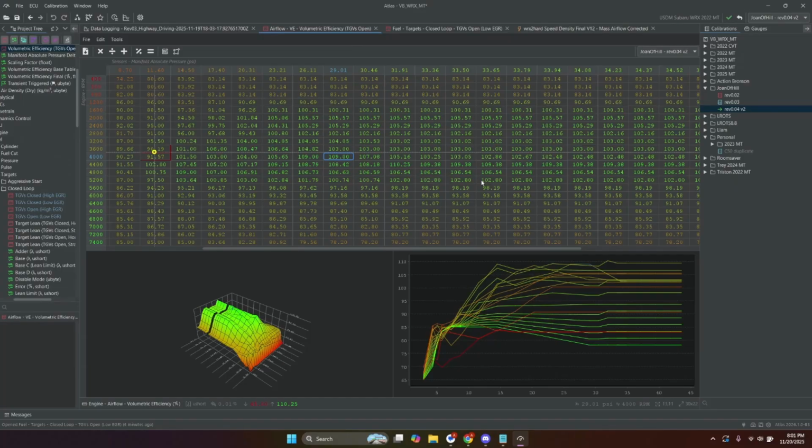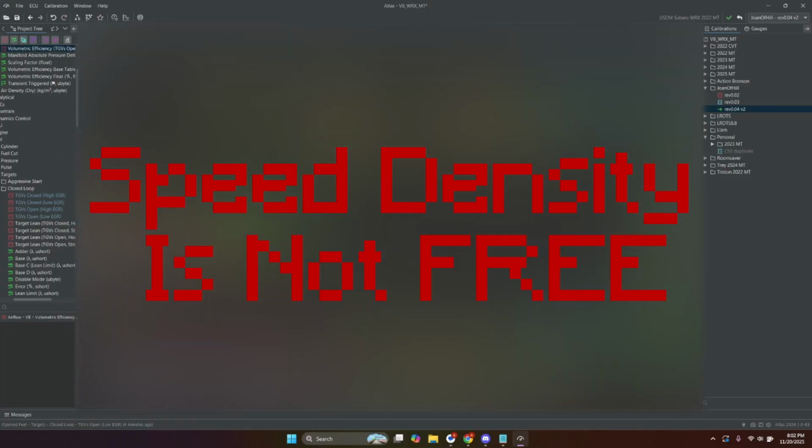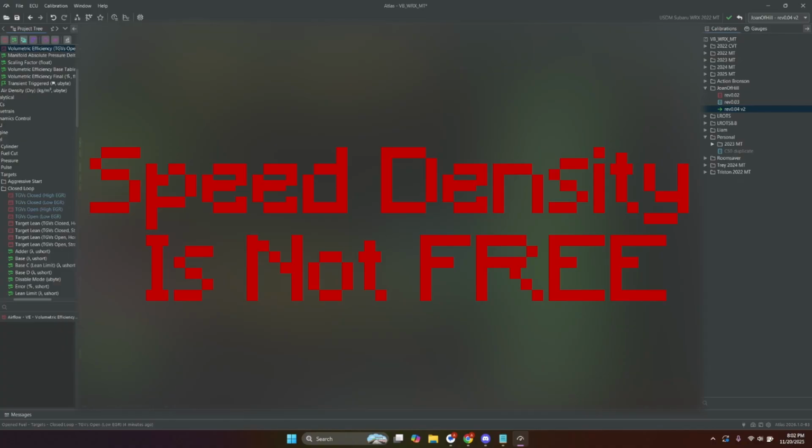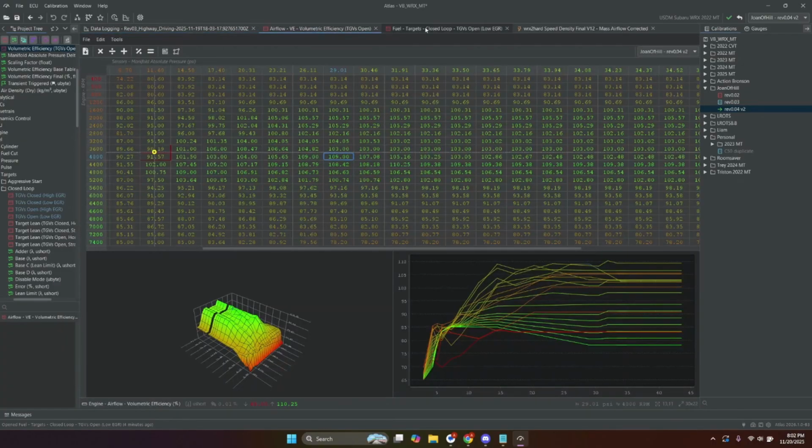Again, we just overwrote that with speed density here. But VE is literally the last thing that goes into the air calculation before it's used to calculate the amount of fuel. And you're changing VE so that the actual ratio going into the cylinder is more accurate. Precisely, yes.